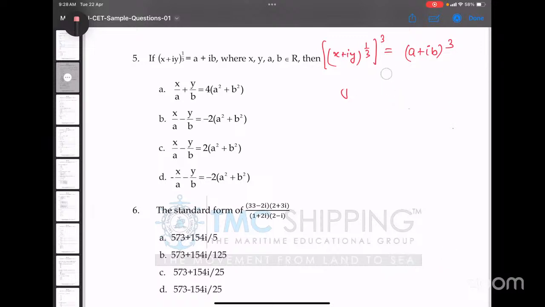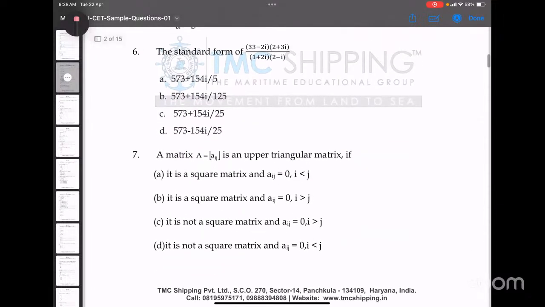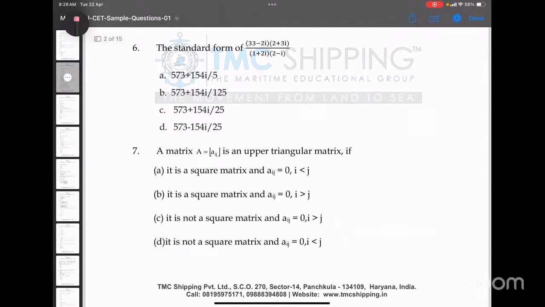Next question is the standard form of this. How will you solve it? Question number 6. Yes, anyone? How will you solve it?